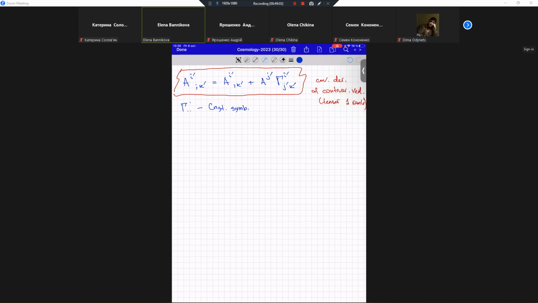Why are they called symbols? Because they are not a tensor. We will see it a little bit later. So they do not create an object as a tensor, and they can't transform from one coordinate system to another as a tensor.